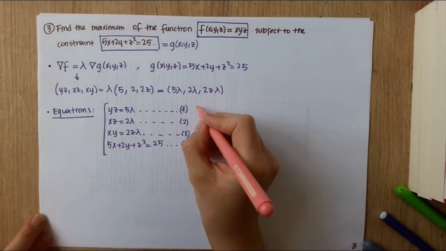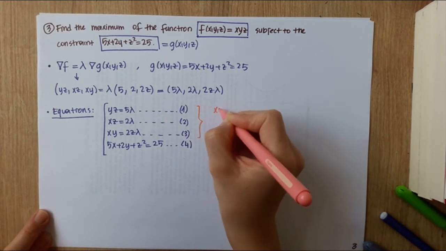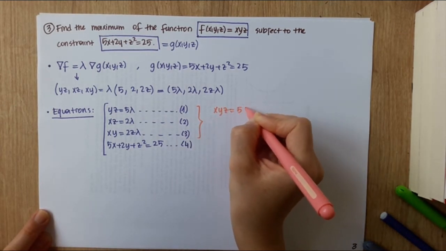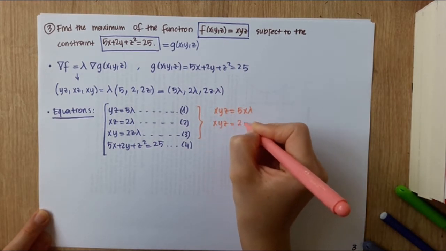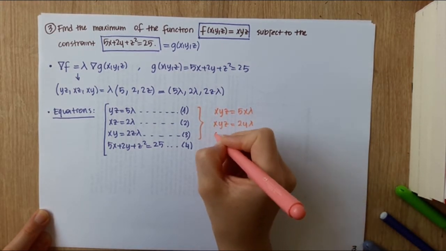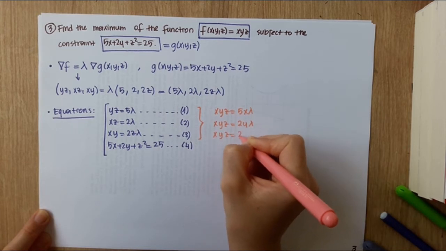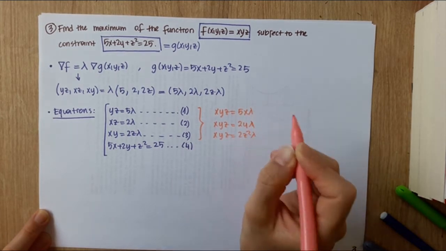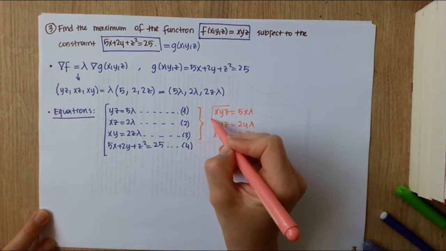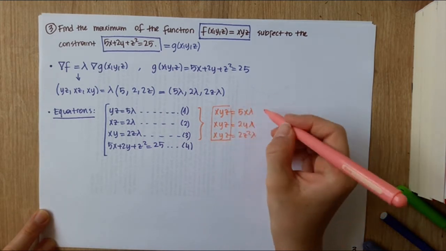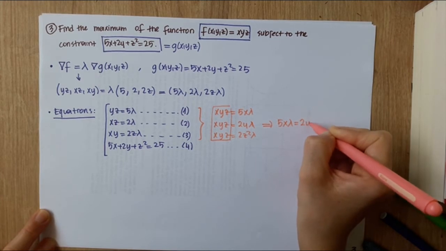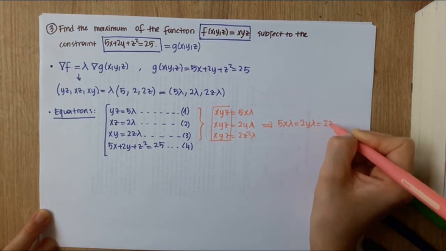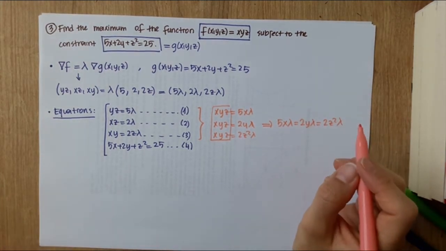Because if I do this, I have xyz equals 5x lambda, xyz equals 2y lambda, and xyz equals 2z squared lambda here. And the left hand sides are equal, so it means I have 5x lambda equals 2y lambda equals 2z squared lambda.